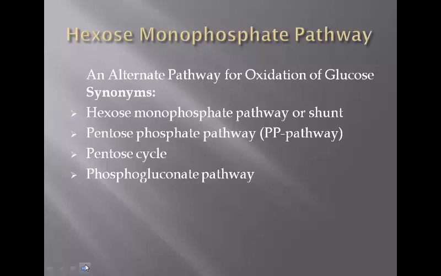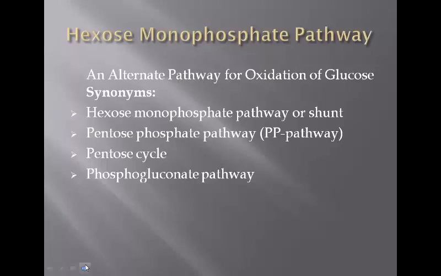This pathway is also called glucose monophosphate shunt or HMP shunt because the glycolysis process is shunted and glucose 6-phosphate enters the hexose monophosphate pathway or HMP pathway or shunt. It's also called pentose phosphate pathway because a number of pentose sugars are formed in this pathway, xylulose, ribulose, and ribose, which also form other pentoses like arabinose.